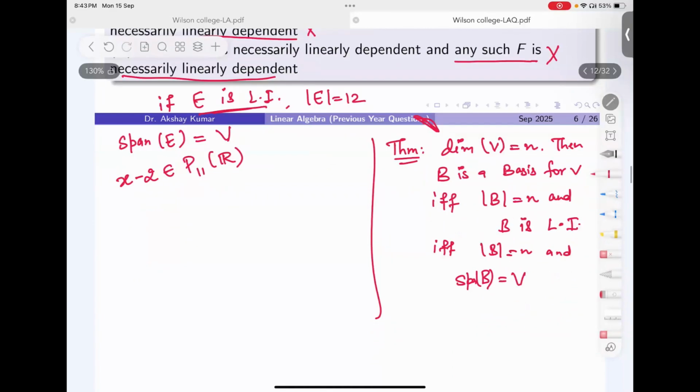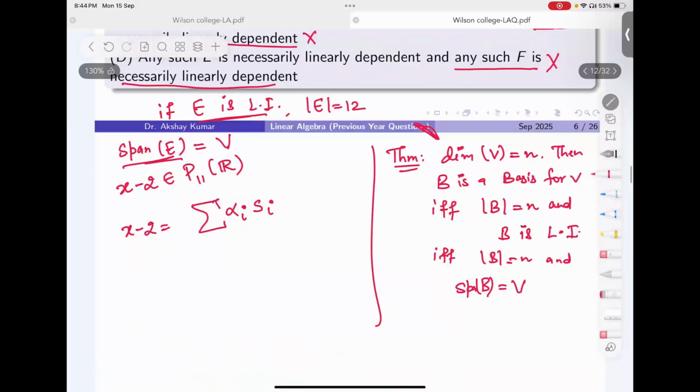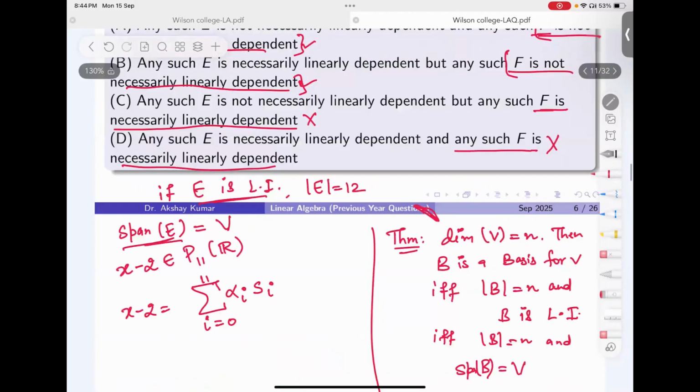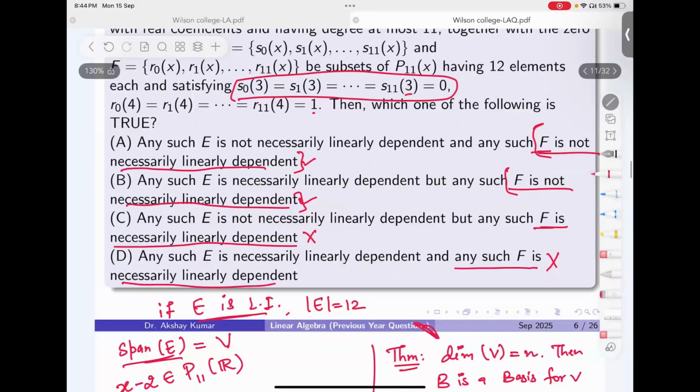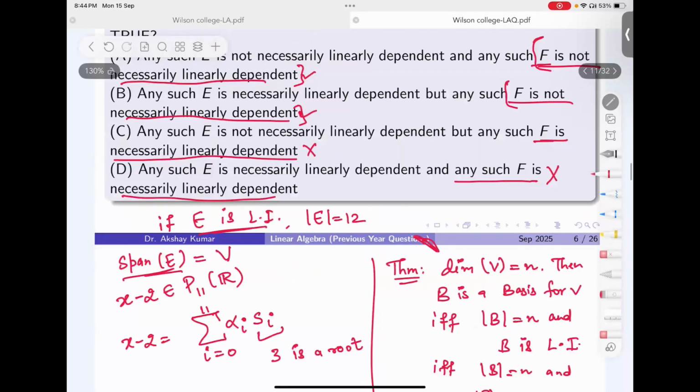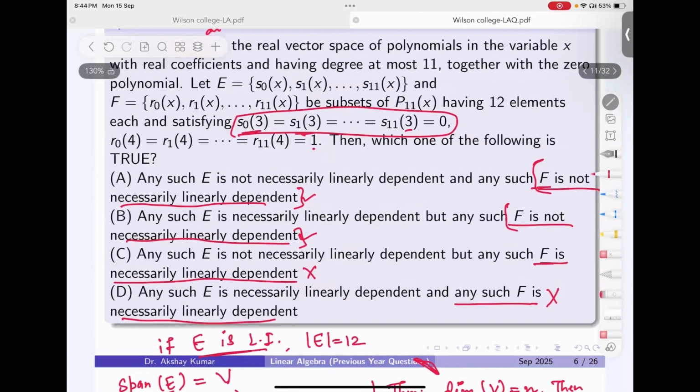Since this is a spanning set for V, x minus 2 will be a linear combination of the members of E, for i equal to 0 to 11. For all these members, 3 is a root, so 3 is a root of all these polynomials.